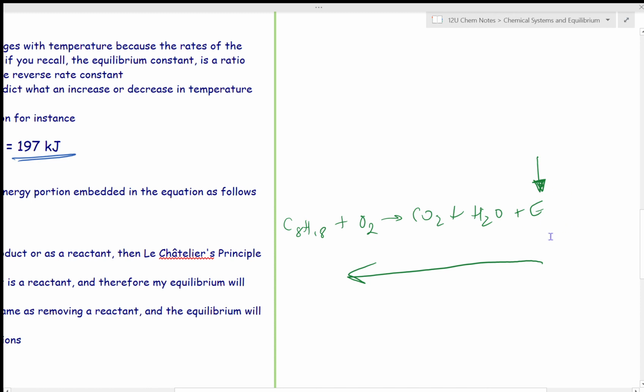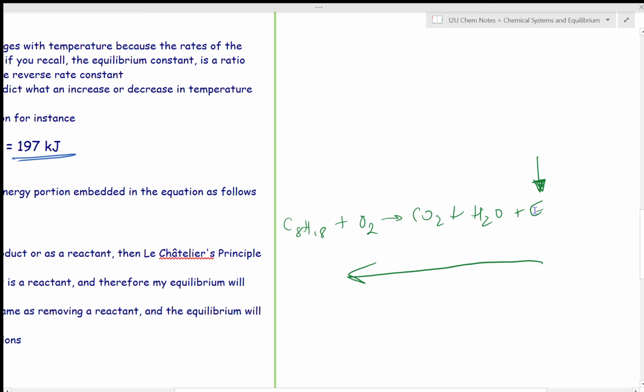Think about what would happen to your car if it started to overheat. The first thing that you would notice when the car overheats is that it stalls, it shuts off. Why is it shutting off? The only way that the car is going to shut off is if the reaction that's happening inside the car is no longer able to happen. If I add heat, the only way to counteract that process is to push my equilibrium left.